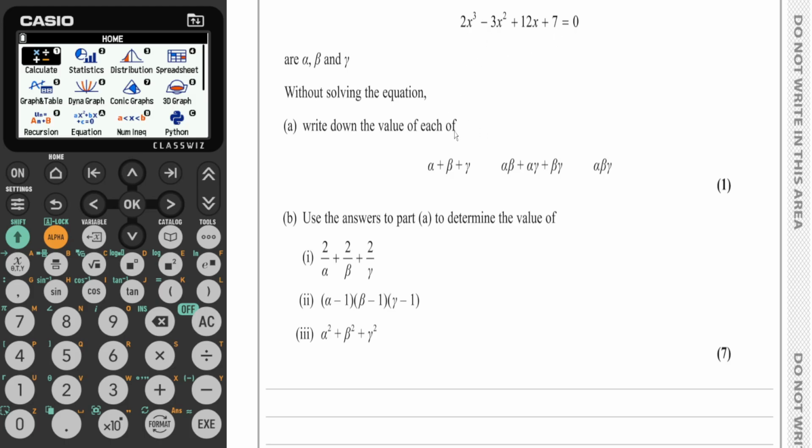We can rewrite the cubic as x cubed subtract 3x squared over 2 plus 6x plus 7 over 2 equals 0. We've divided the equation here by 2, and in doing so we end up with this equation shown here.